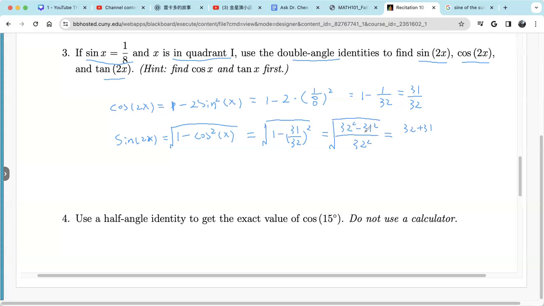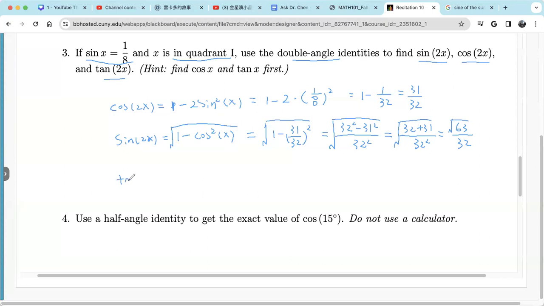Well, 32 minus 31 is just 1. So denominator of 32 squared. 32 plus 31, that's 63. So we have this square root. Then the square root of 32 squared is 32. So that's the sine of 2x.